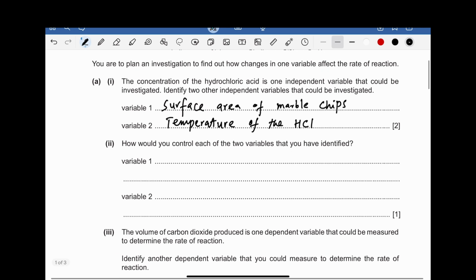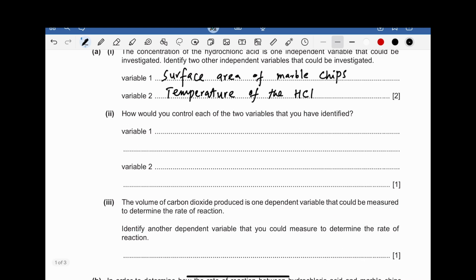2. How would you control each of two variables that you have identified? So in order to control the surface area, we can use same size marble chips. Or we can write down same mass in all experiments.